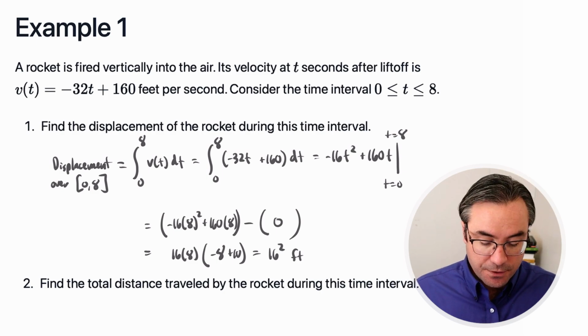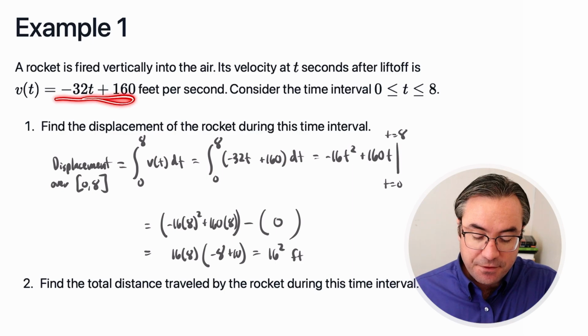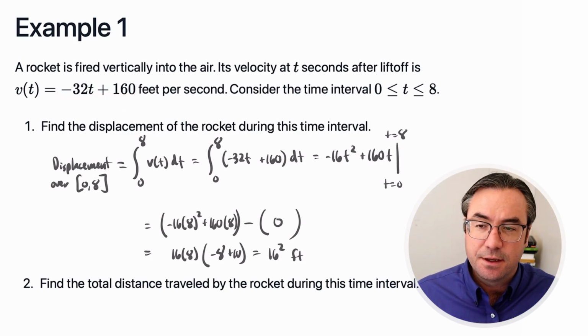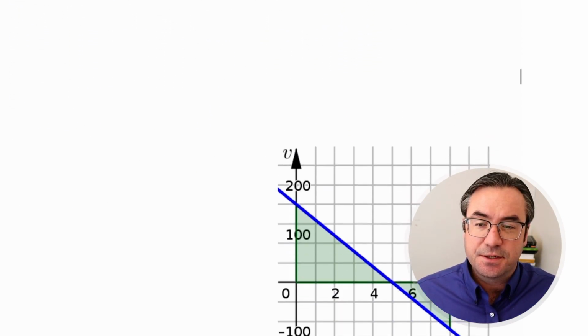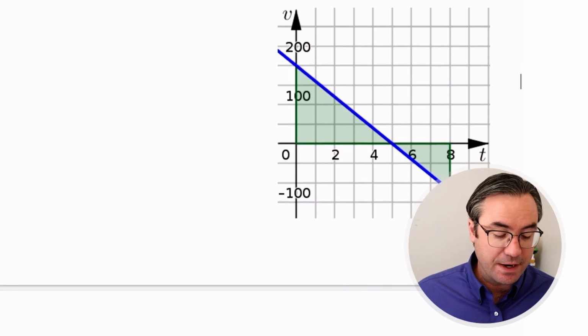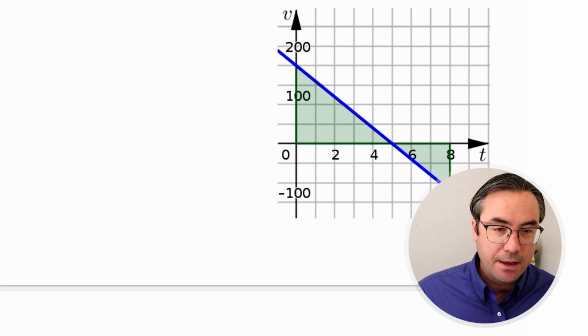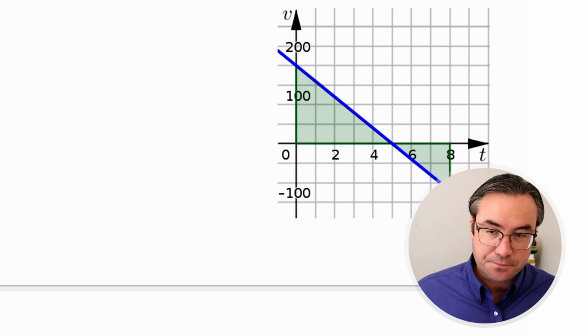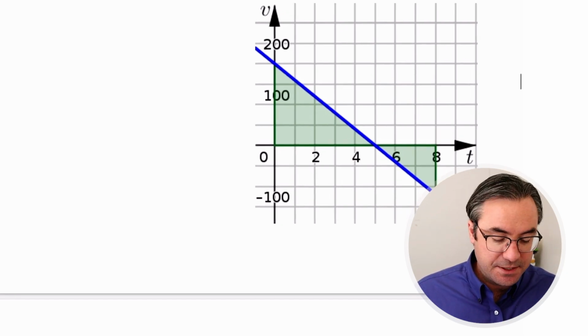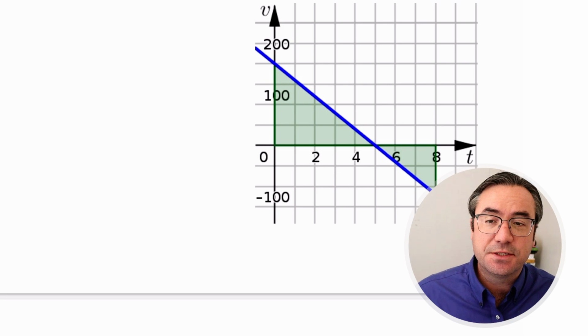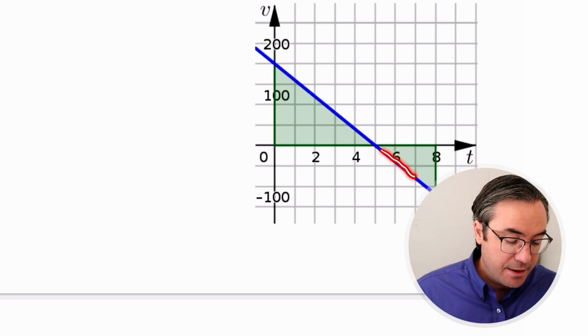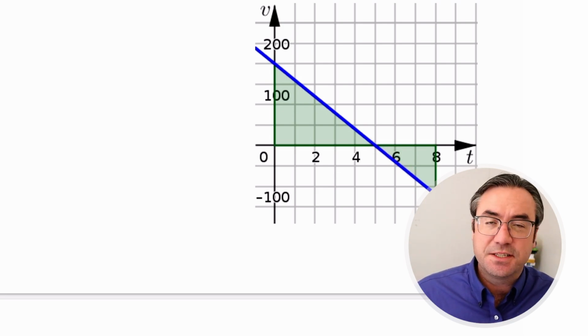So the issue is the graph of this velocity function is this graph right here. And what happens is, as we mentioned, we have this section where it's traveling in the positive direction, but then the velocity becomes 0.